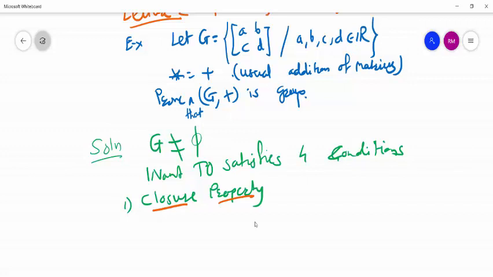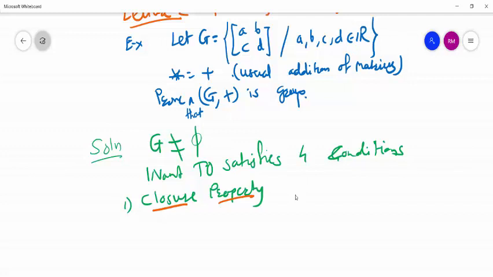Elements in G. G is a set of matrices of order 2 by 2. So there should not be elements like a 3 by 3 matrix or like this. So elements in G should be matrices.